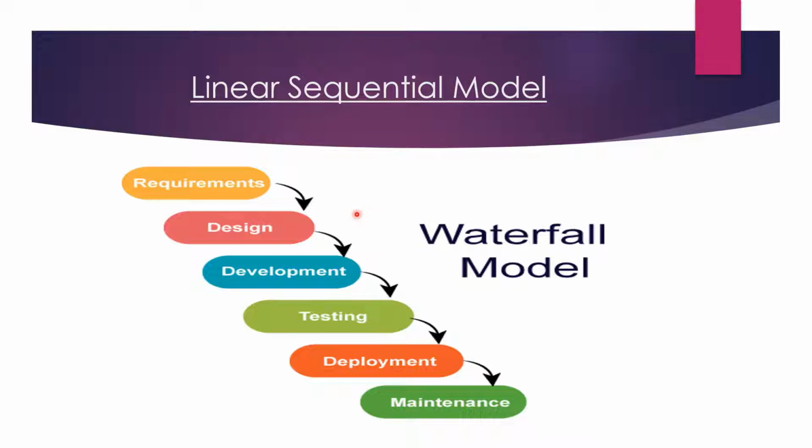After that, the testing team performs tests on it, and the deployment team deploys the product after testing, and if any bug or error occurs at the client side or the end user, it gets handled by the maintenance team.